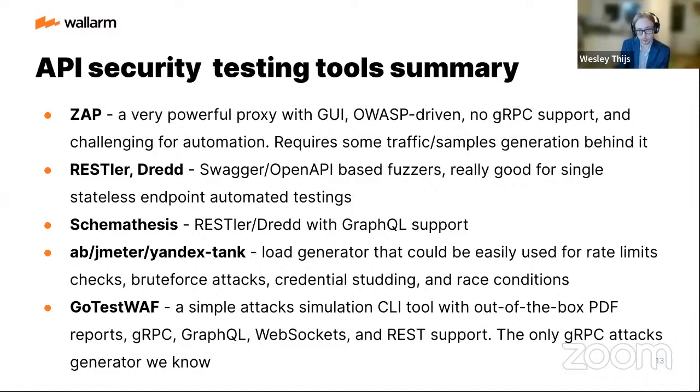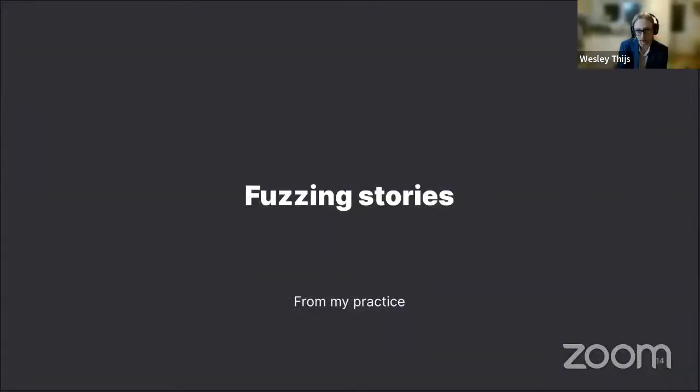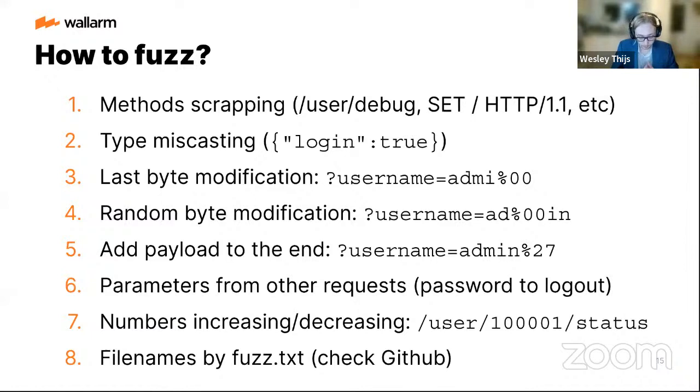If you found anything else, please let us know, of course, because we would love to know about them. As for fuzzing stories, from something that we've seen in actual production occur, what we can do is we can try method scraping, for example. We'll look more into that later.